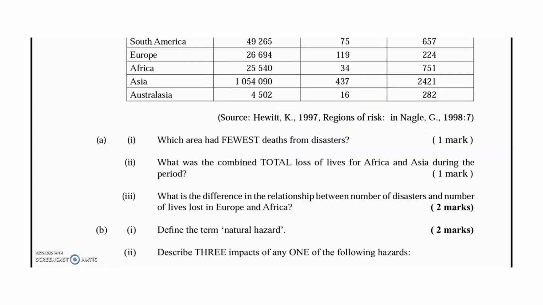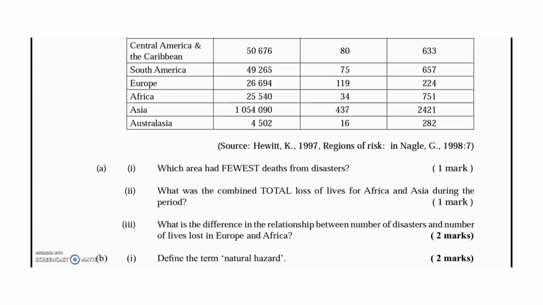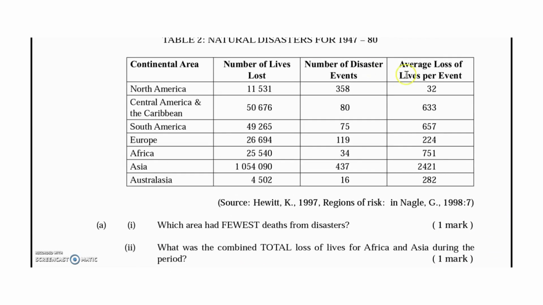Okay, let's go through quickly. What is the difference in relationship between the number of disasters and the number of lives lost in Europe and Asia? The number of disaster events and the number of lives lost. Now, folks, from what we can see on the screen, for Europe it is in fact 26,694 for 119 disaster events.